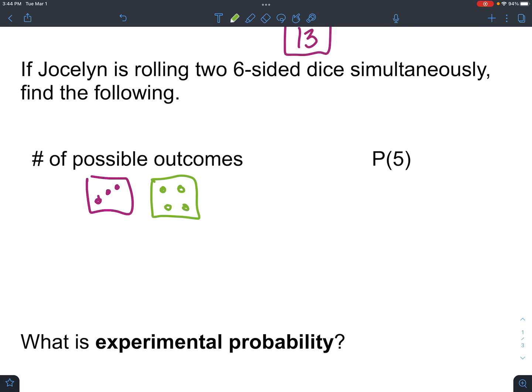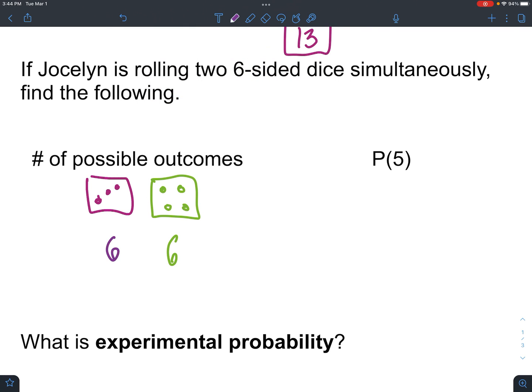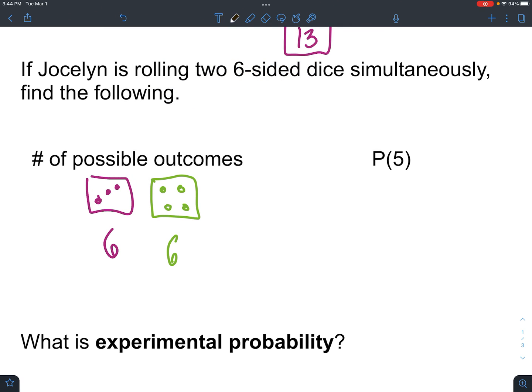And we want to try and find out all the different combinations of dice, right? Turns out that there are 6 different possibilities here and 6 different possibilities here. So, and because those dice don't have any effect on each other, we multiply together and get 36.